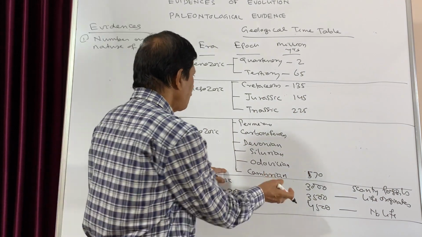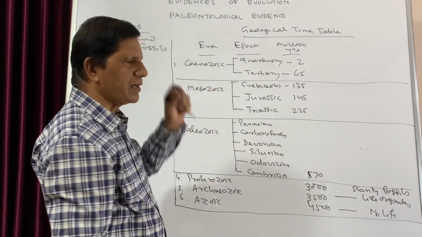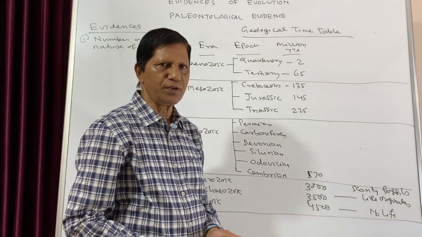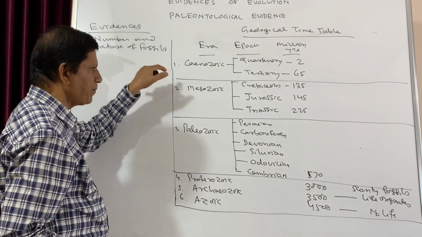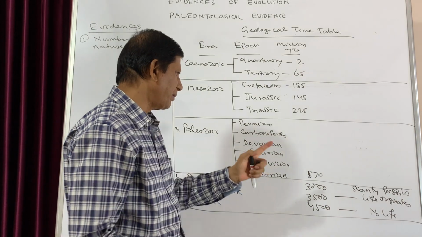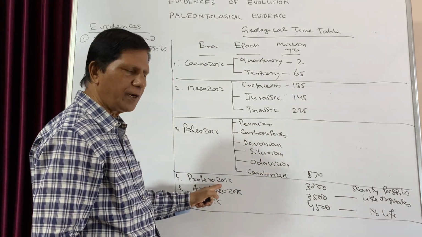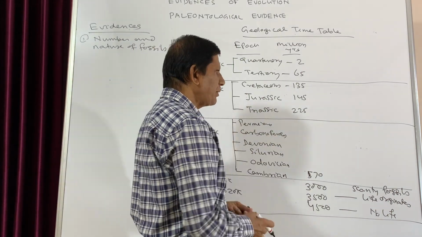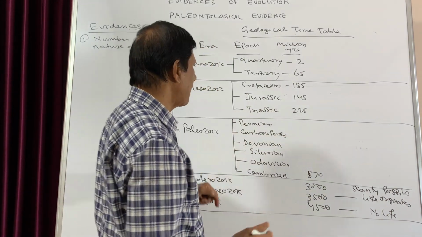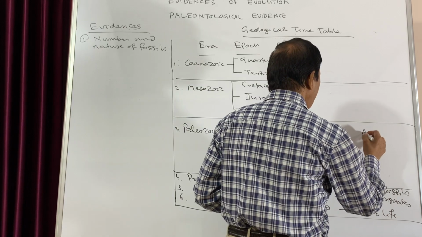Now, from this Paleozoic onwards, we will get different types of fossils. So the first point is the number and the nature of fossils. That means the fossils were first formed in the Proterozoic. Before that, there was no fossil. And most of the fossils are found in this Paleozoic. In Paleozoic, you will find abundant fossils.